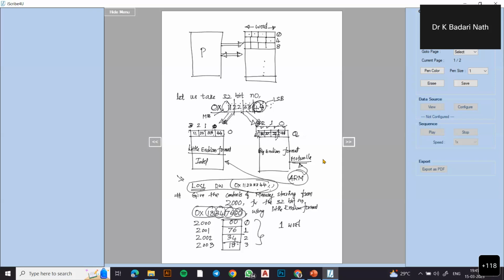That means that given any 32-bit number, if I know the starting address of my word, I can clearly allocate where exactly each byte sits in the 4 bytes associated with one word. So this is a fundamental requirement before you start an assembly language program, because unless we know where it's allocated and how it's stored, we cannot write the programs.